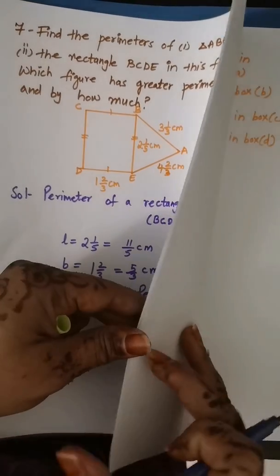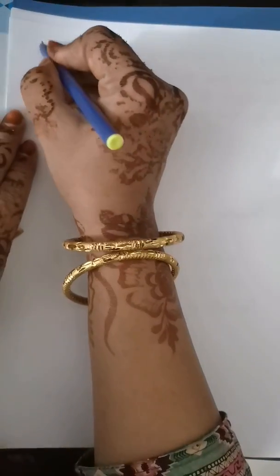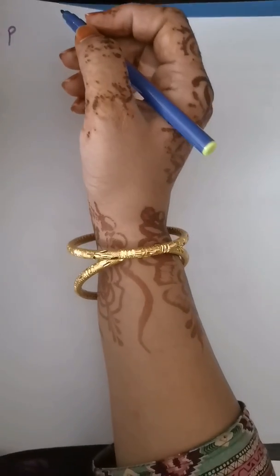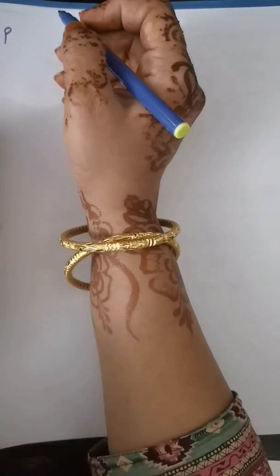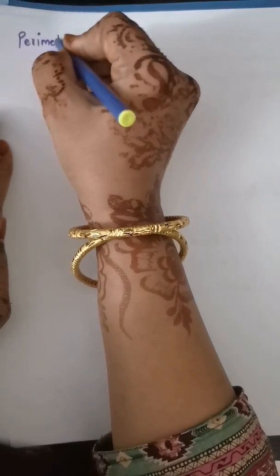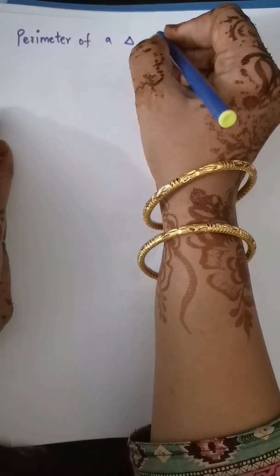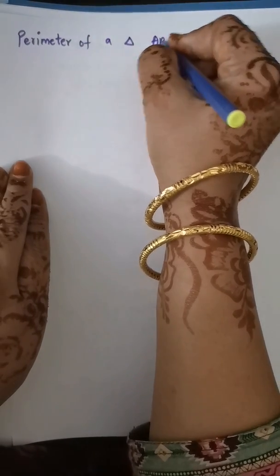Now we will find the perimeter of a triangle. Perimeter of a triangle. What is the name of the triangle?